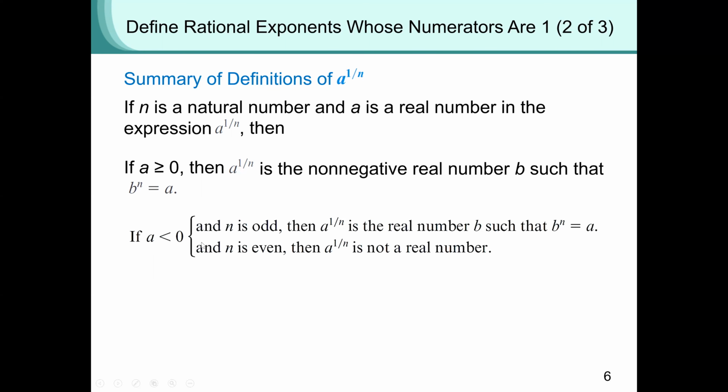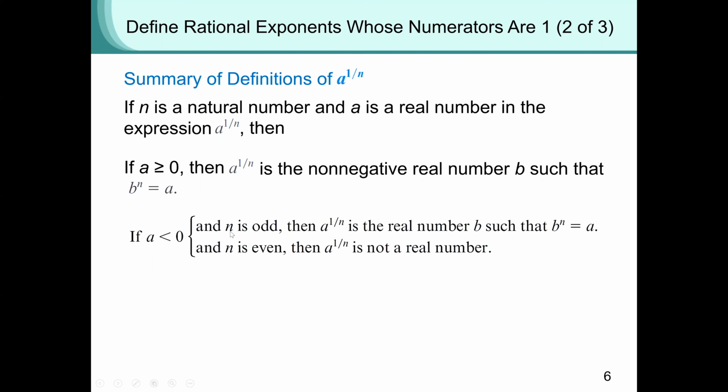Now, we know in basic arithmetic that when we have a negative value under a root, for example, square root, we cannot find the answer. But if the root is an odd number, let's say the cube root of -8, the answer will give me -2. But the square root of -4, the answer will not give me -2, and it's not a real number. So that's the rule here.